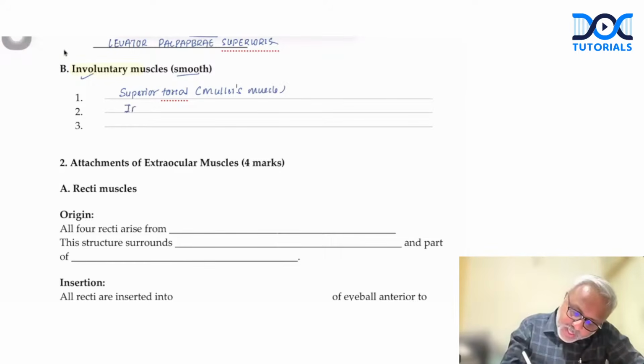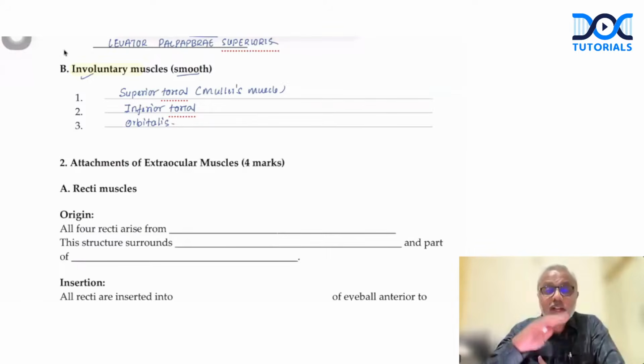Then the next one is the inferior tarsal muscle. Then the third muscle is the orbitalis. So these are the three involuntary or smooth muscles that we have in the eyeball. This is regarding the classification.